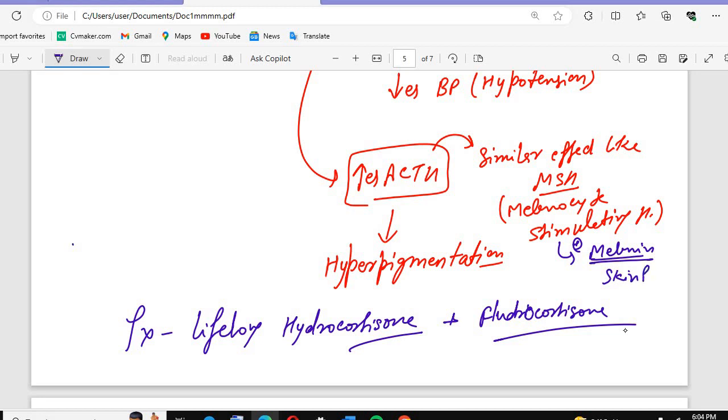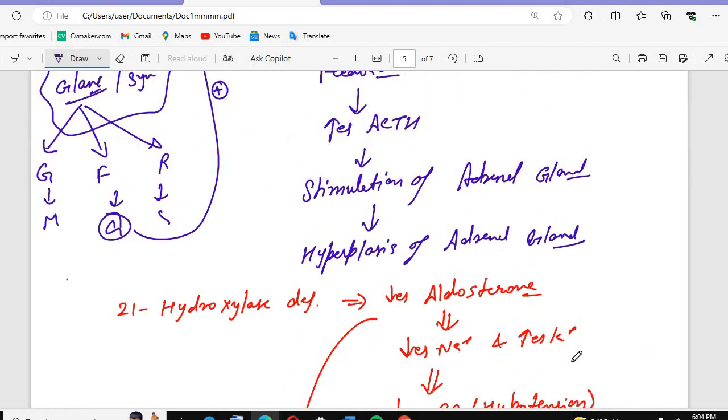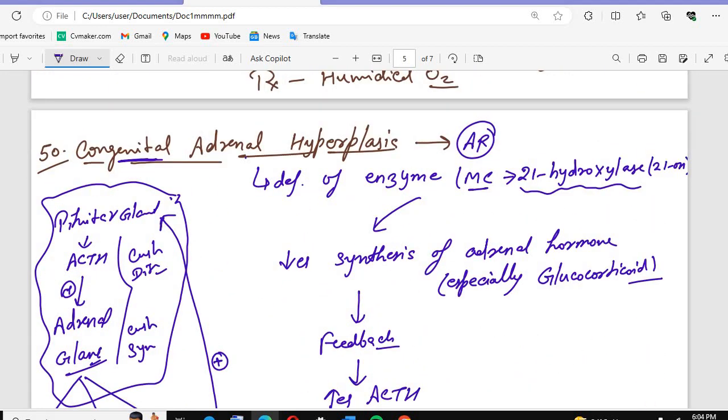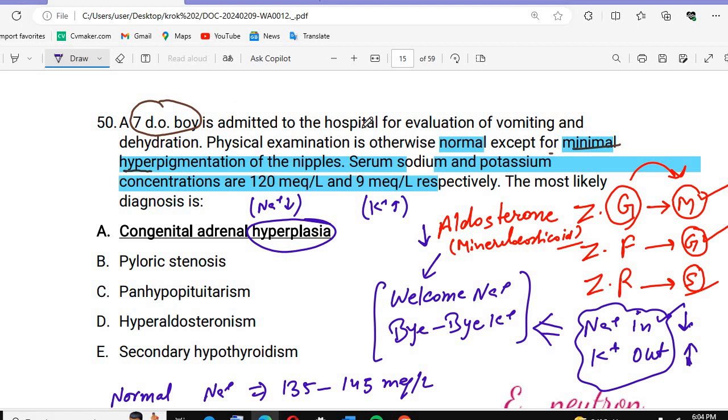MSH and ACTH have a similar effect, so ACTH will cause hyperpigmentation. The treatment we will do is hydrocortisone or fludrocortisone. I hope this is clear till now, and this is what we can see in the questions here.